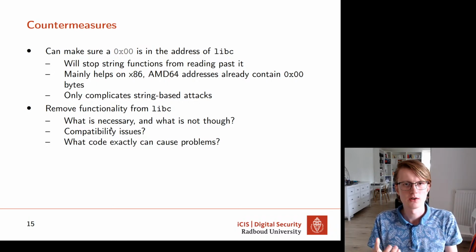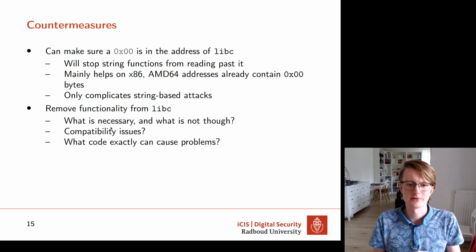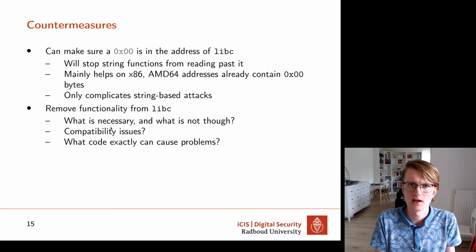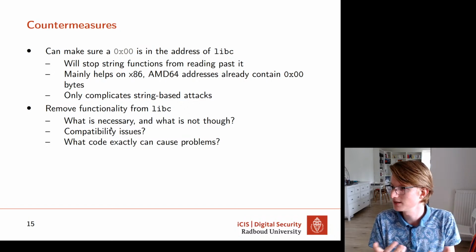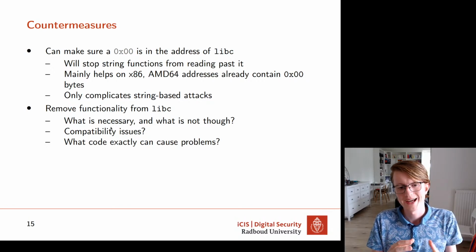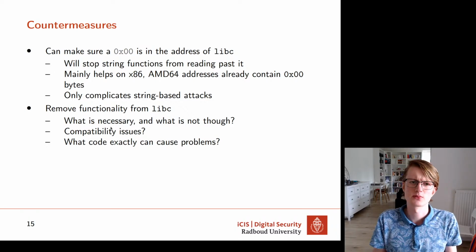But then you start getting into these problems of, what is necessary, what is not necessary. Will you run into all sorts of compatibility issues? And the problem is, what code exactly can cause problems?